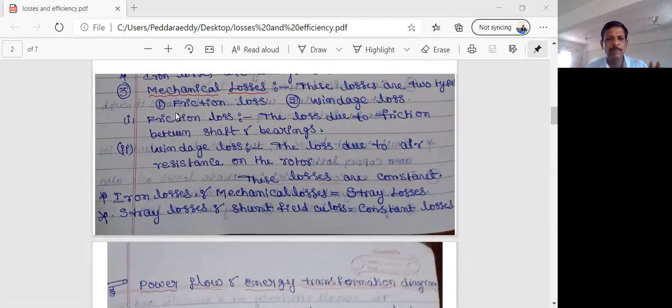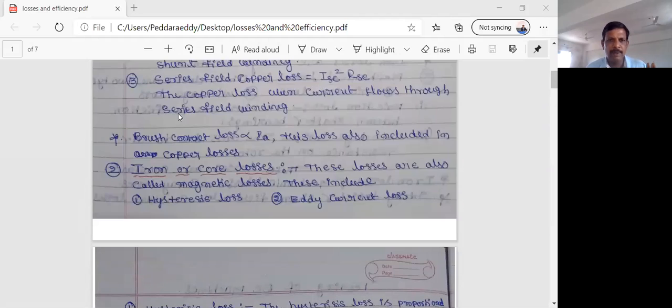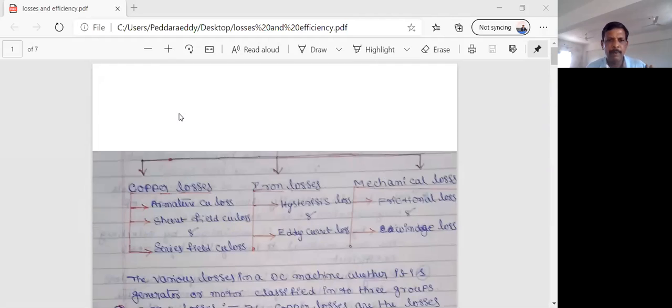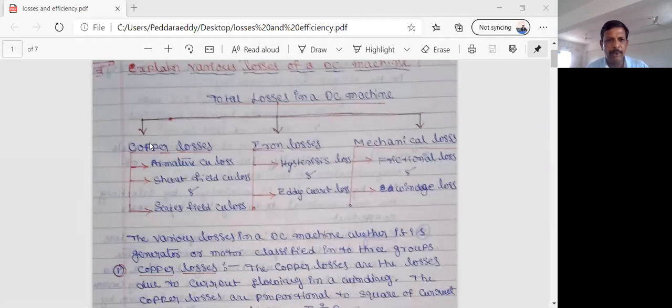Okay, so in these three important losses, copper losses, iron losses and mechanical losses, copper losses are always variable. When load increases, copper losses increase. When load decreases, copper losses decrease. When load is zero, copper losses are almost zero.